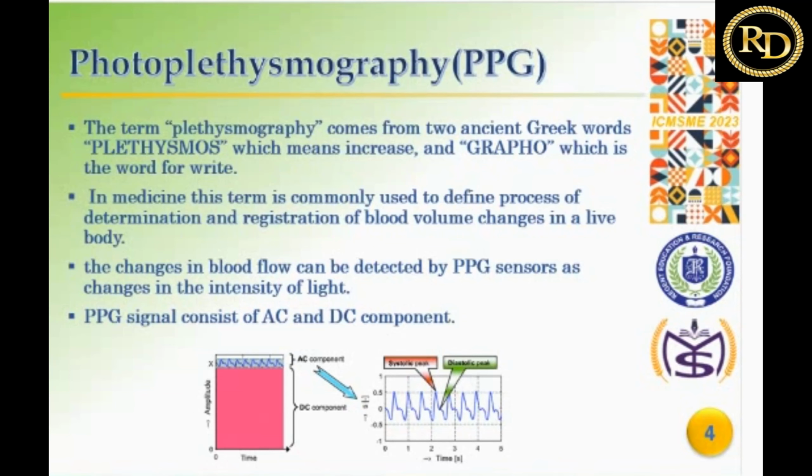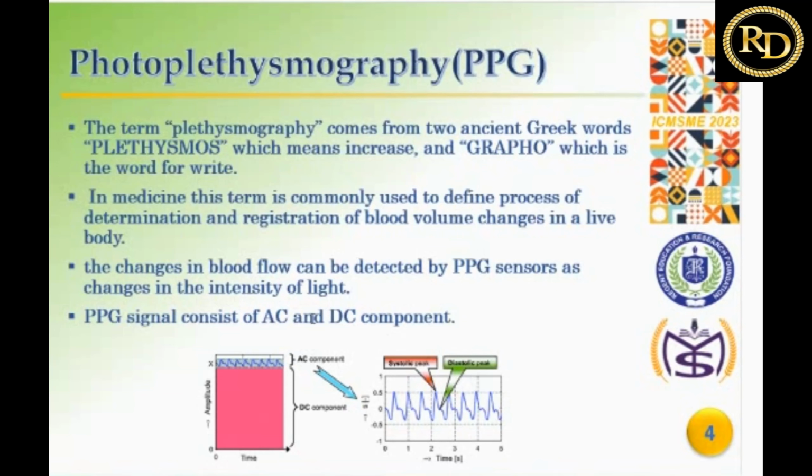In any type of PPG technique, the biological tissue has to be illuminated by an incoherent light source, like, I would say, IR signal and any other blue or green light. And the power of the light either transmitted or reflected from the tissue is measured by the photosensor. In our purpose, we measure the volumetric change of the blood flow per unit time at any pulse point by using this technique.